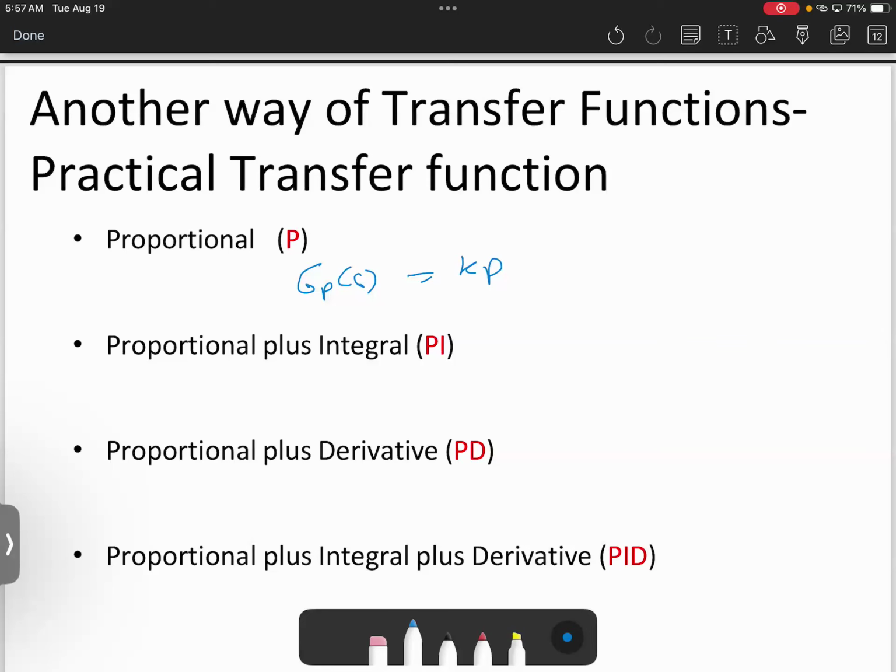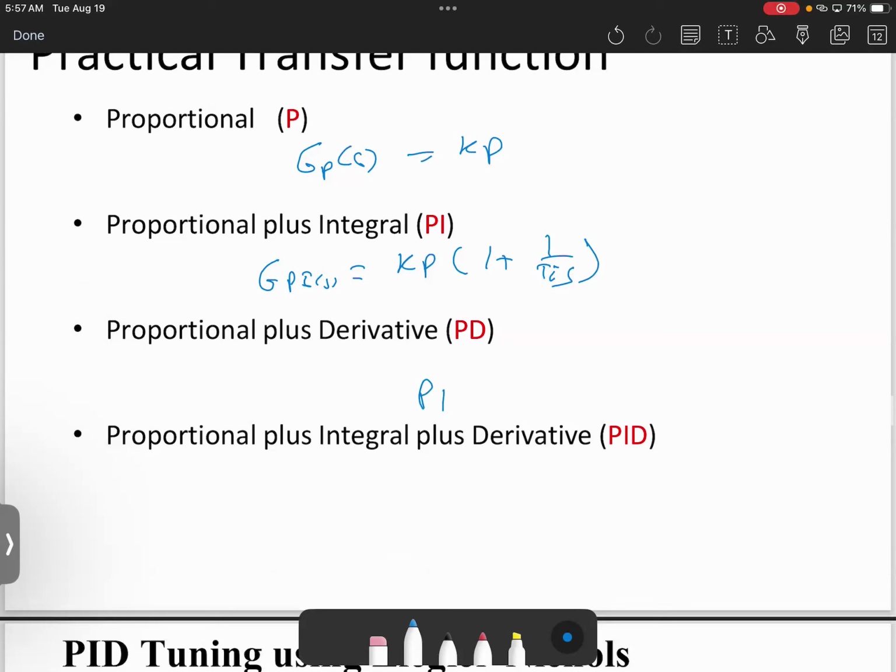In PI it's different: KP times 1 plus 1 over TIS. For PD, it is KP times 1 plus TDS.